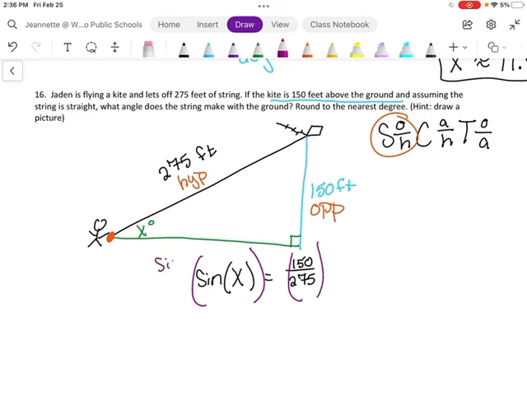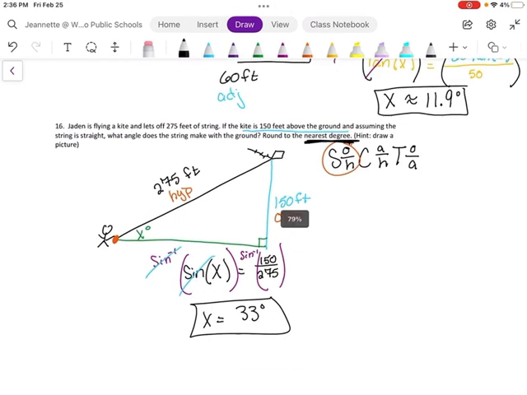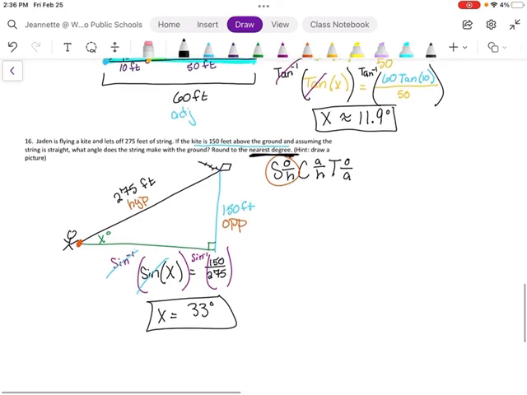And because we're looking for that angle, we are going to be doing the inverse function. Those simplify. And we're left with x equals, and we'll type that into our calculator. And again, we're rounding to the nearest degree for this one. So our final answer is going to be 33 degrees.